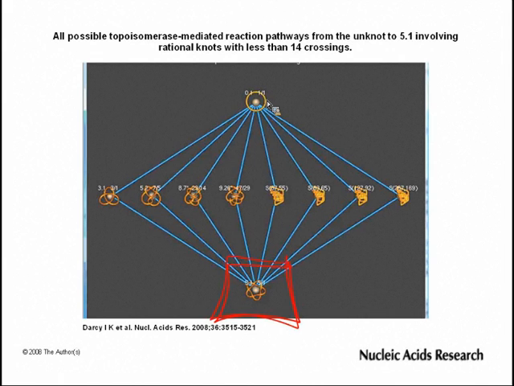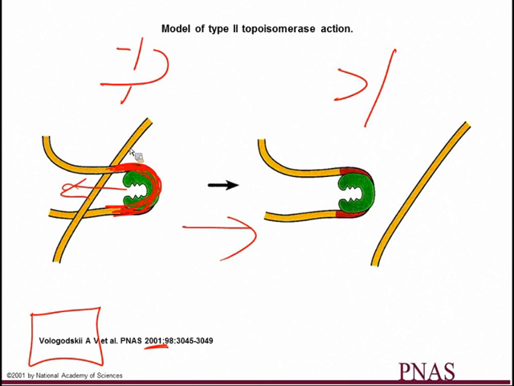So if it encounters this, it may not do a crossing change, but if it encounters this, then it does the crossing change. So based upon the local geometry, it will determine whether or not to do the crossing change. In this case, the local geometry, it won't do the crossing change. Plus, this strand is likely to wander off. This strand here is kind of trapped, and so it's not very likely to wander off.